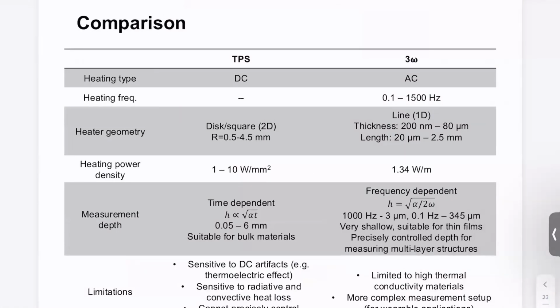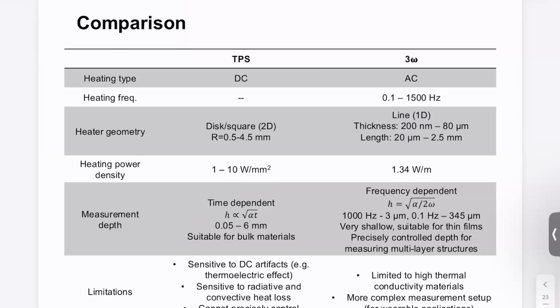So a little comparison here. So we have TPS, we have 3 omega, and we will see, TPS is a DC method, and it heats the sample and measures the thermal response of the sample. It measures how temperature increases. Since it is a DC method and it measures response over time, during this process, heat is going to diffuse.